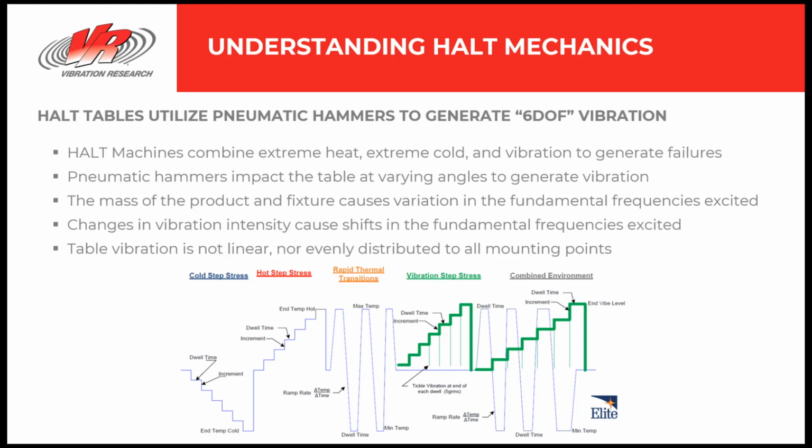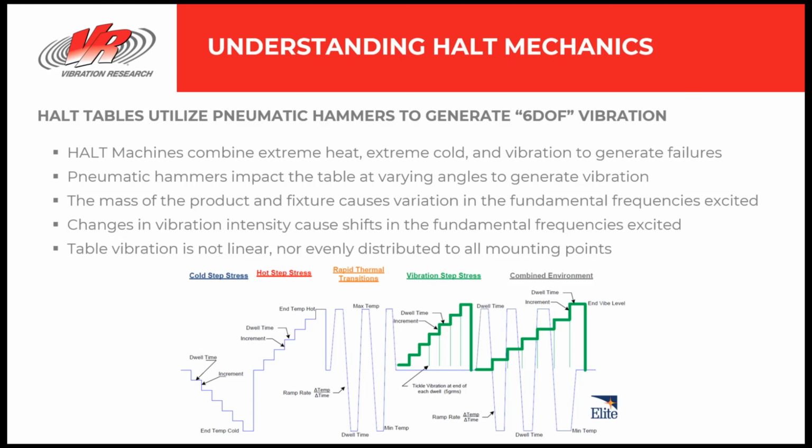Other things that can cause variation are the amount of mass on the table and the overall amplitude that you're shaking at. The mass and shift in amplitude change the characteristics of those hammers that are causing the excitation, shifting the fundamental frequencies that are excited.